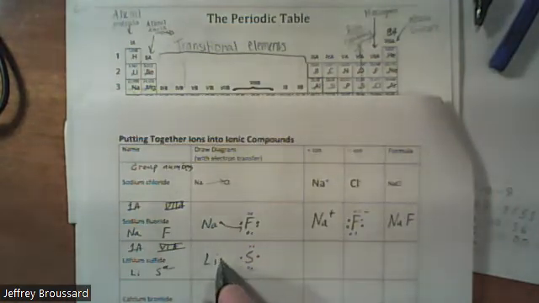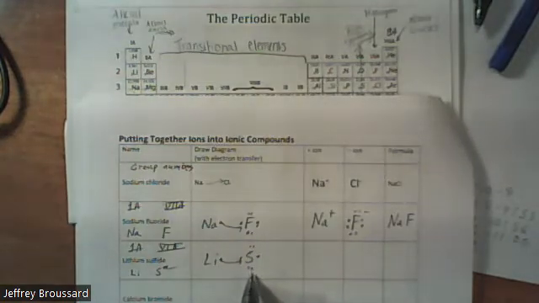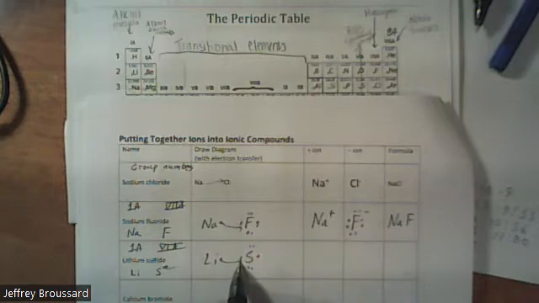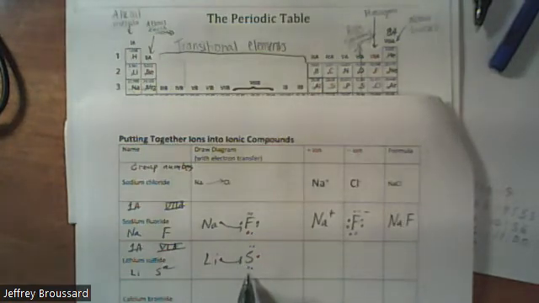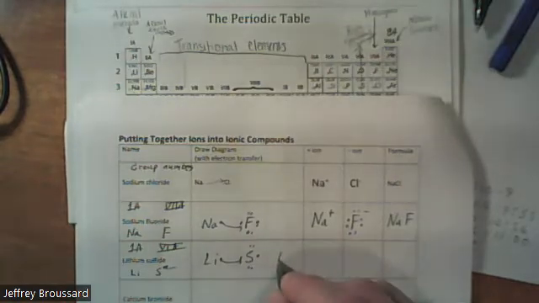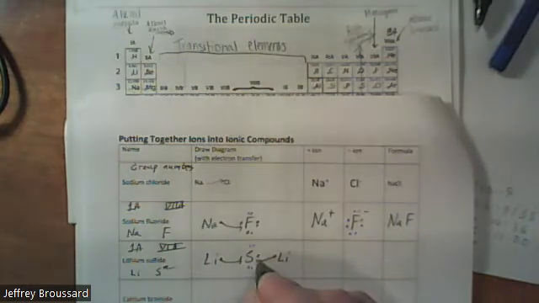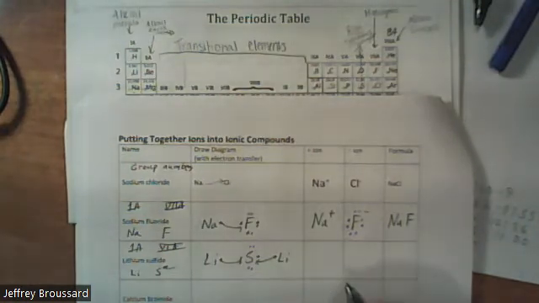This lithium is going to donate that 1 electron right there. But there's a problem. When it does that, sulfur is still missing one; even though it got that extra electron from lithium, it'll only have 7 around it. So we're going to need another lithium to donate the 8th electron.